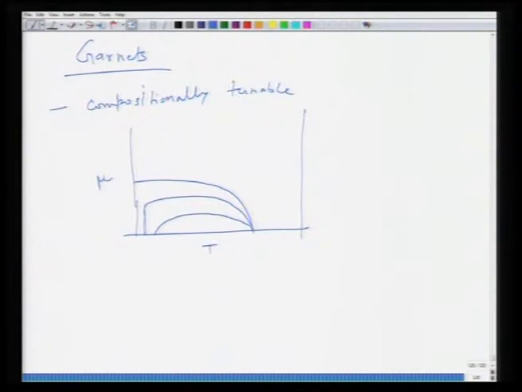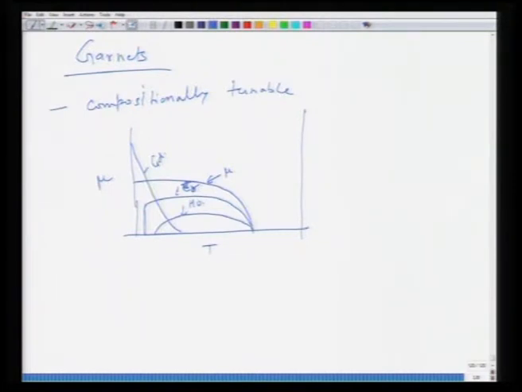So for instance, if this is the window for yttrium, let us say this is the window for holmium, and sorry, this could be the window for erbium, this could be the window for dysprosium, etc. So gadolinium will give you a window like this. So depending upon the element you put, you can obtain a temperature window of operation during which the magnetization is more stable.